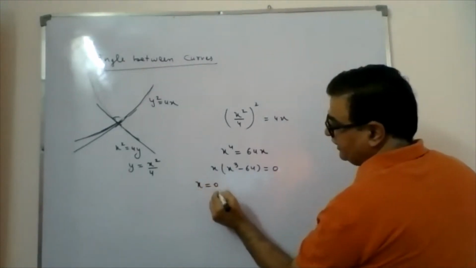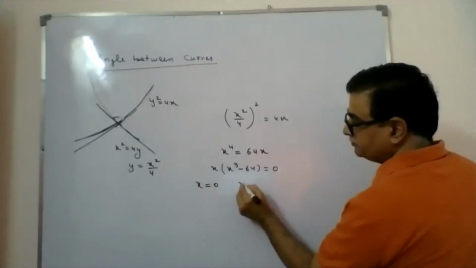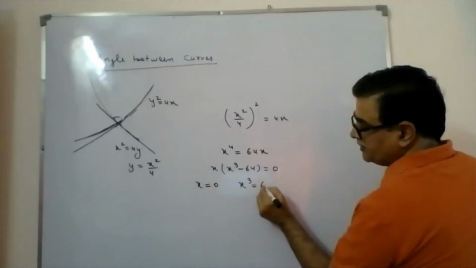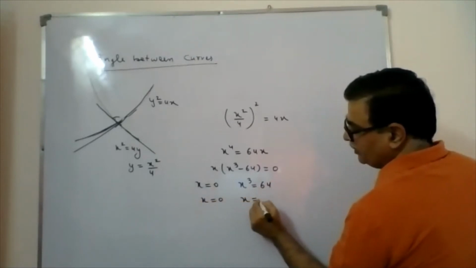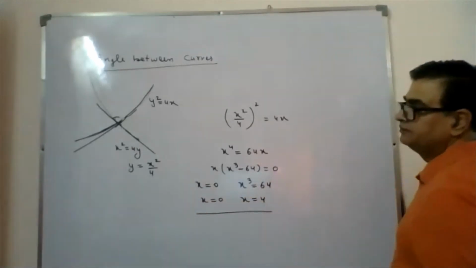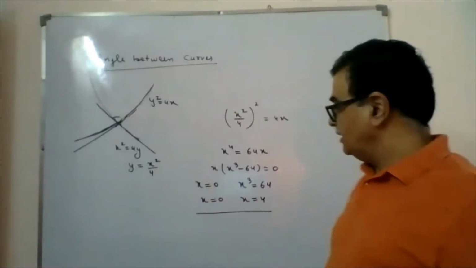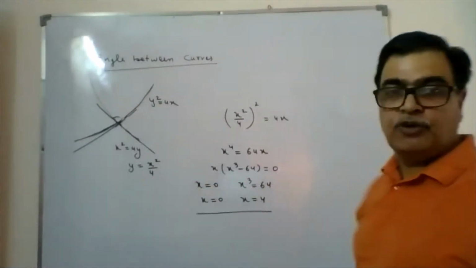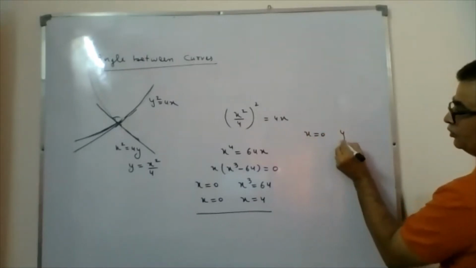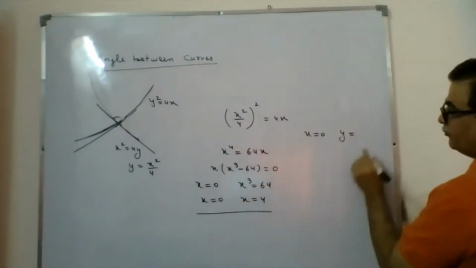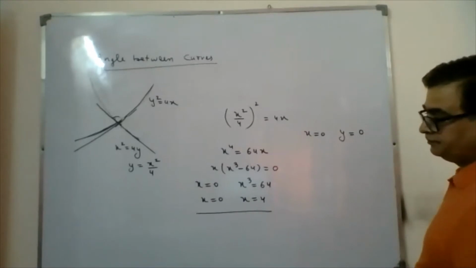That is indicating x is 0, or x cubed is 64, so x will be 0 and x will be 4. If you got x, then we calculate y. When x is 0, y is x squared by 4, so it is also 0.